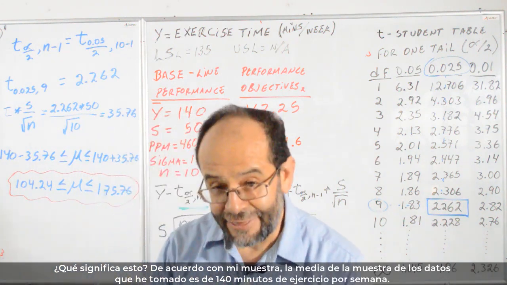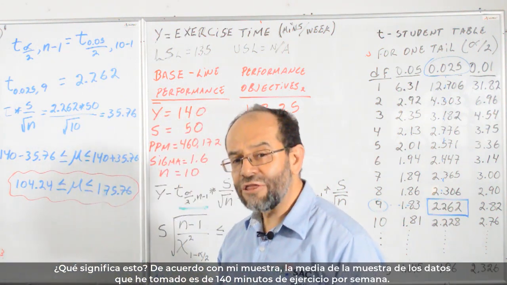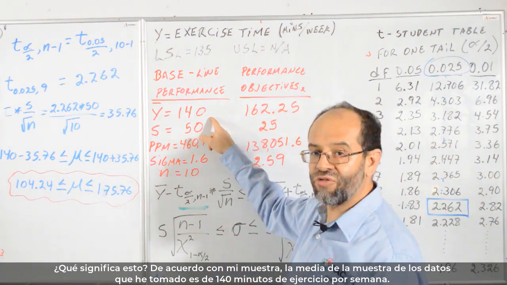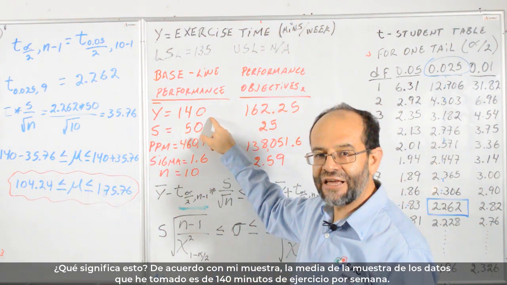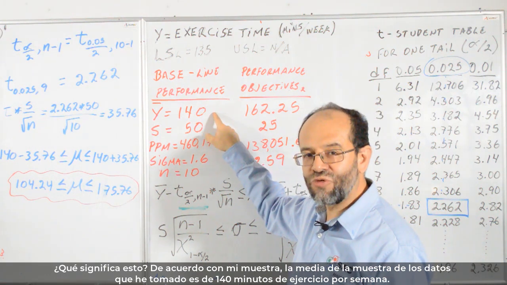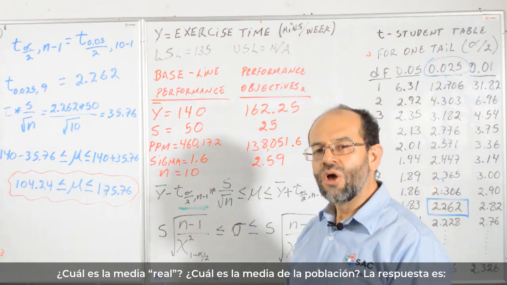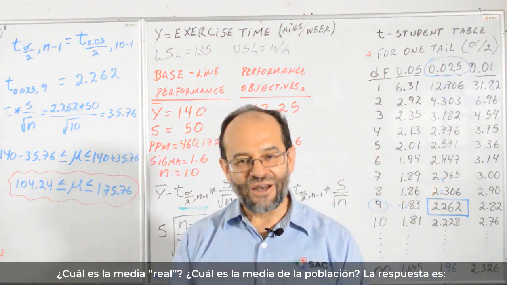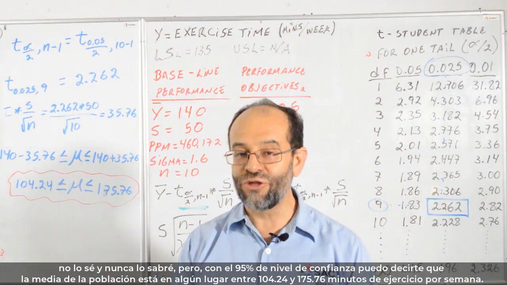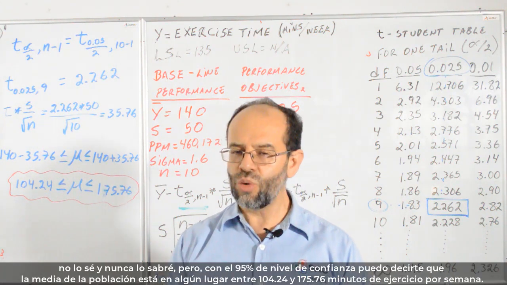What is the meaning of that? According to my sample, the mean of the data that I have taken is 140 minutes of exercise per week. What is the actual mean? What is the mean of the population? The answer is I don't know, and I'm never going to know.